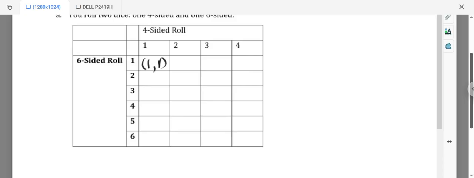So it's going to be 1, 1, 1, 2, 1, 3, 1, 4. So that means I rolled a 1 from the 6-sided die and a 1 from the 4. A 1 from the 6 sides and a 2 from the 4. So again, row is first.